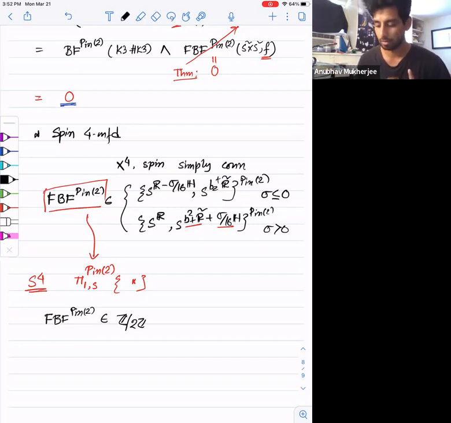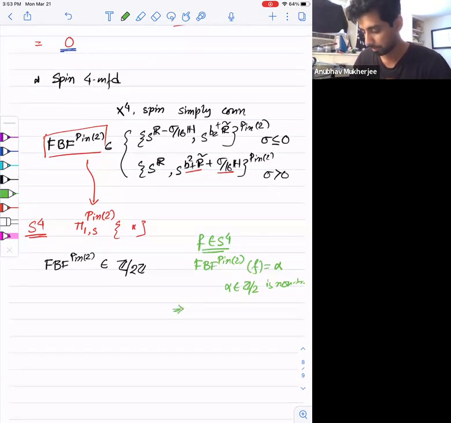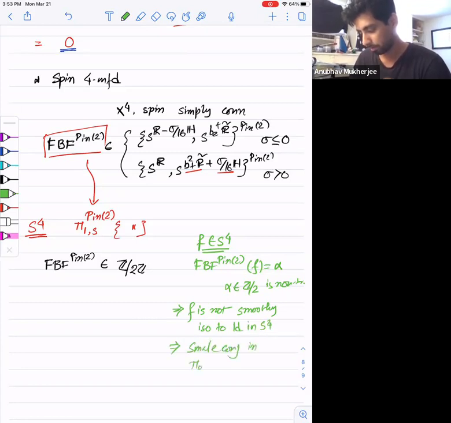In other words, if we can find a diffeomorphism F of S4 such that this element alpha in Z mod 2 is non-trivial, then that disproves Smale's conjecture. That implies F is not smoothly isotopic to the identity in S4. That means the Smale conjecture in pi naught is false.